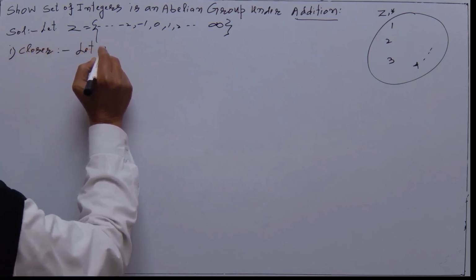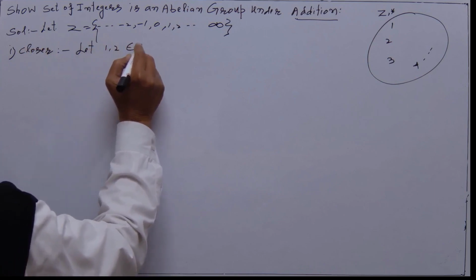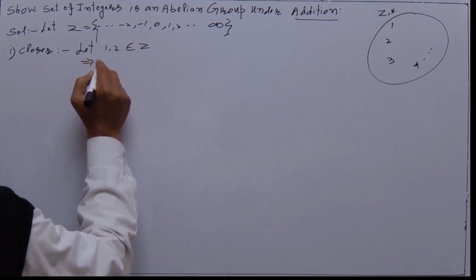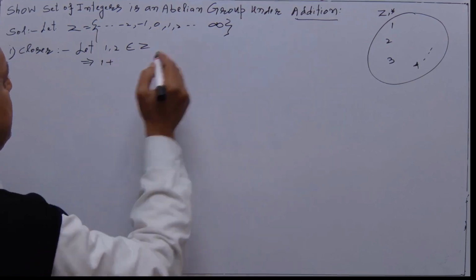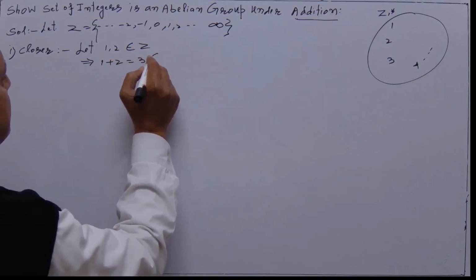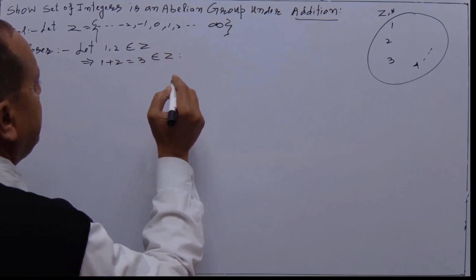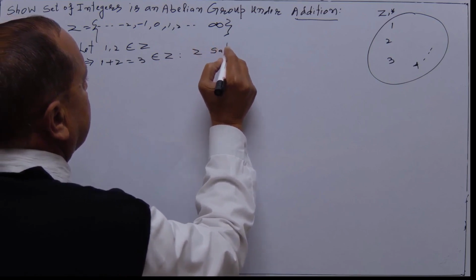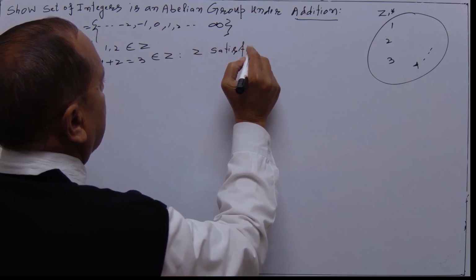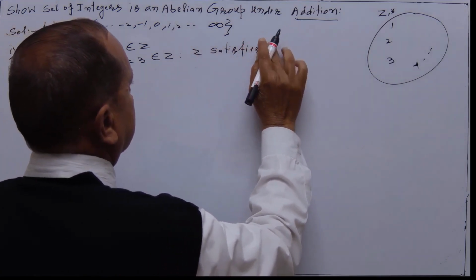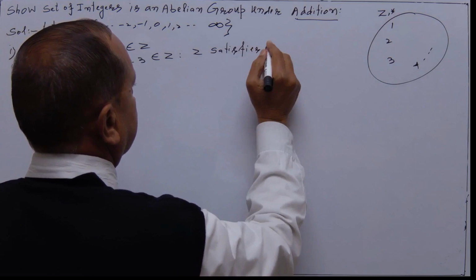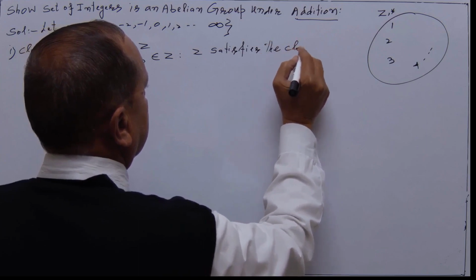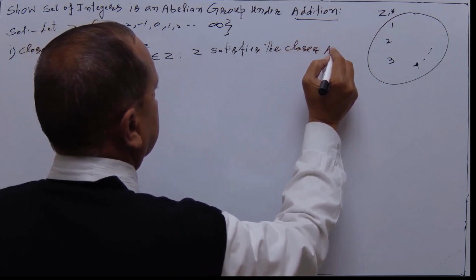Let 1 and 2 be elements belonging to set Z, which implies that 1 plus 2 under addition, and this is 3, and 3 also belongs to Z. It means Z satisfies the closure axiom.